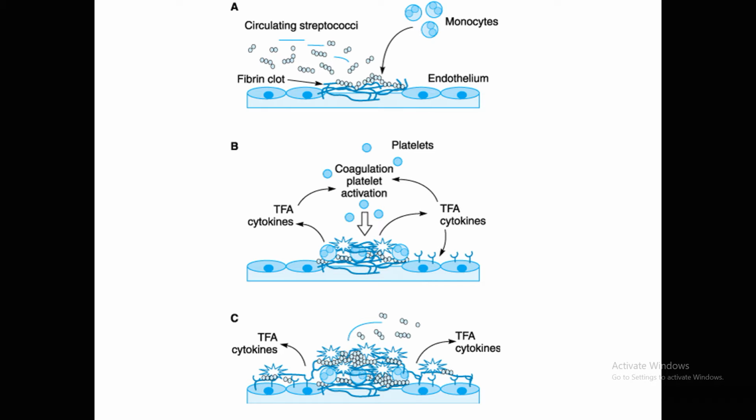The presence of a pressure gradient will generate a high velocity jet stream and create a turbulent blood flow able to damage the endothelium.